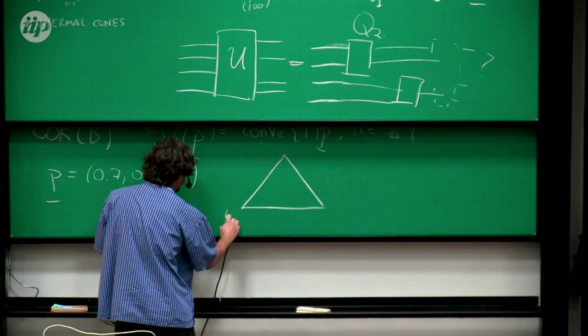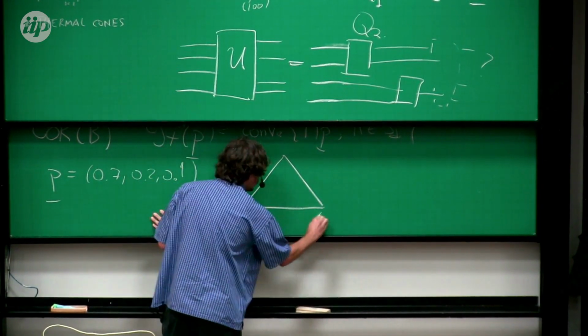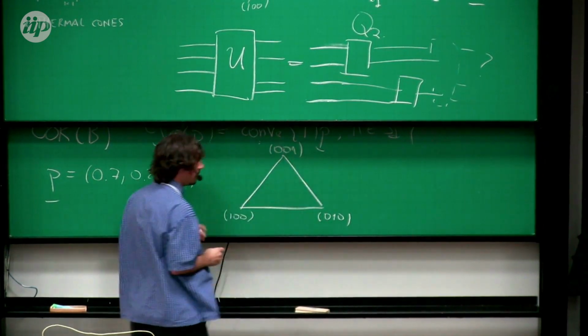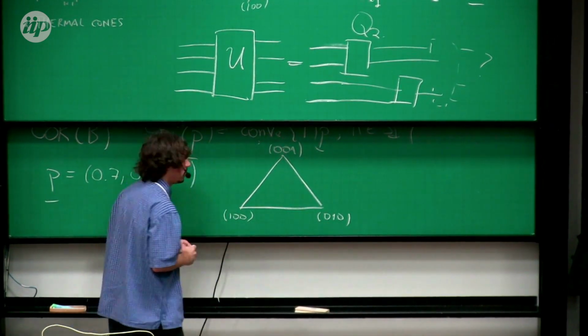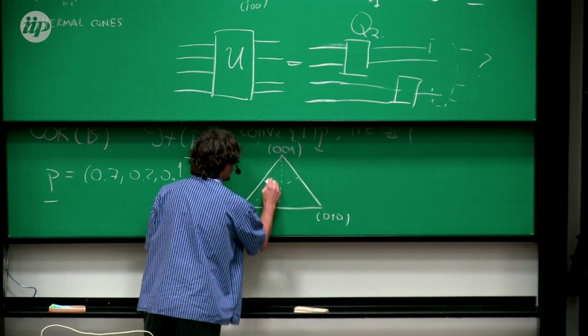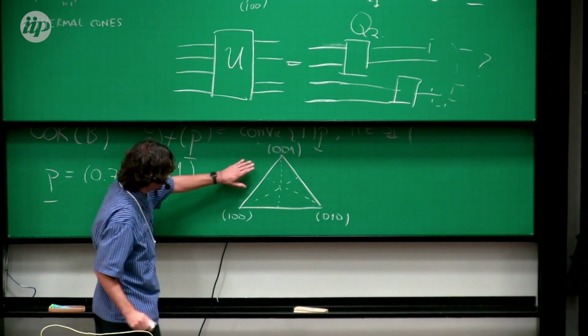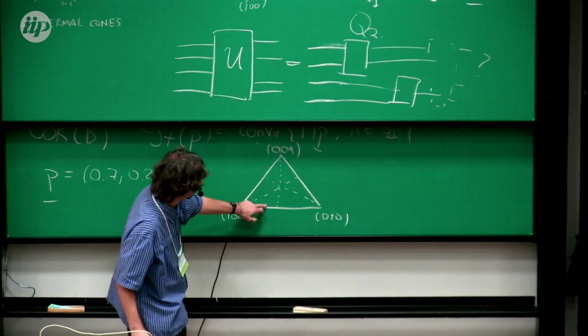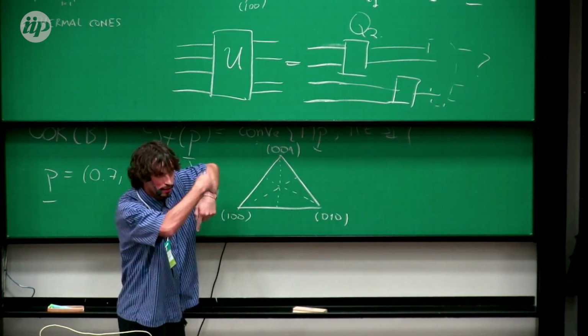Here I have 1, 0, 0, 0, 1, 0, and 0, 0, 1. Let me do something which will facilitate my life, which is to divide this probability simplex into 6 equal parts. We call these Weyl chambers. They are symmetric under permutations.